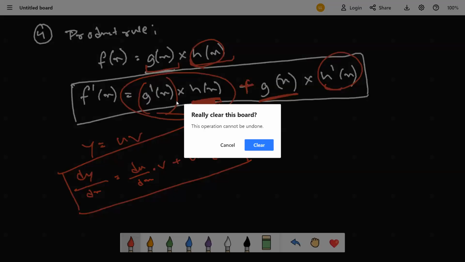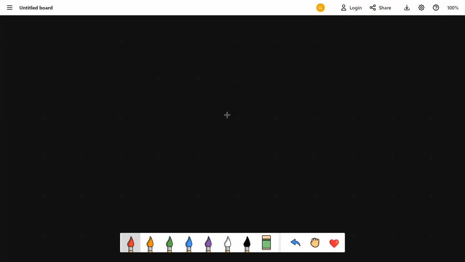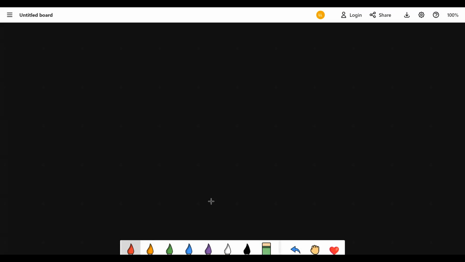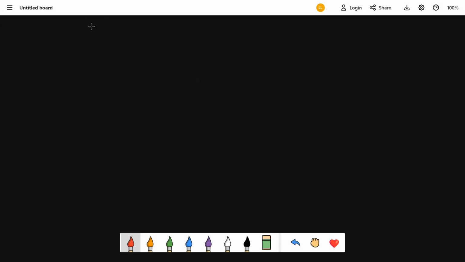To clear the board, let's say we have examples of two expressions, g of x as 2x squared plus 3x.